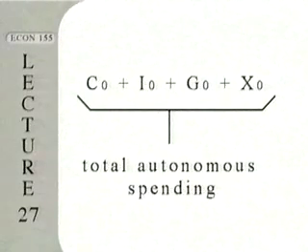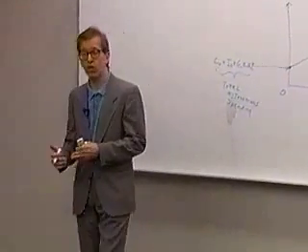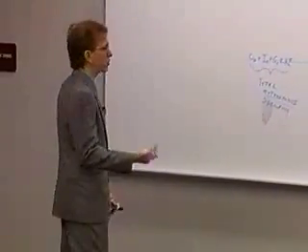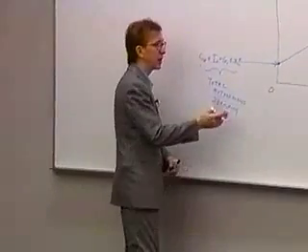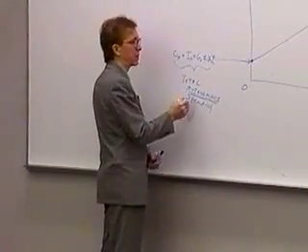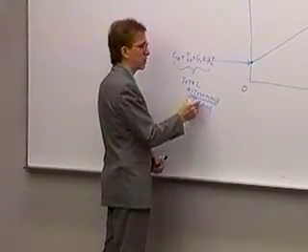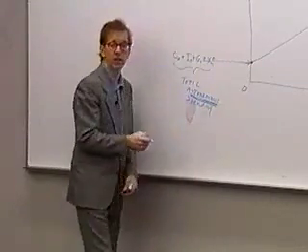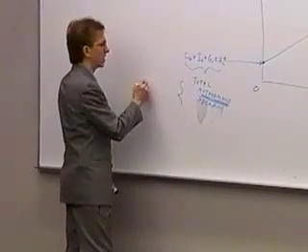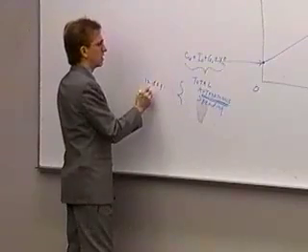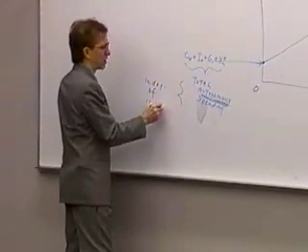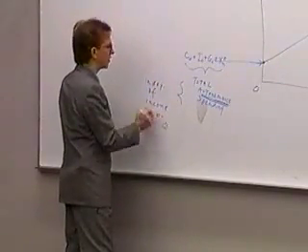And this term autonomous, I used it last time, but just to remind you again, autonomous spending does not depend on the level of income or GDP. It's just a certain amount. It's independent. I could have used the term independent, but autonomous is what economists normally say. It's independent of income, or Q.